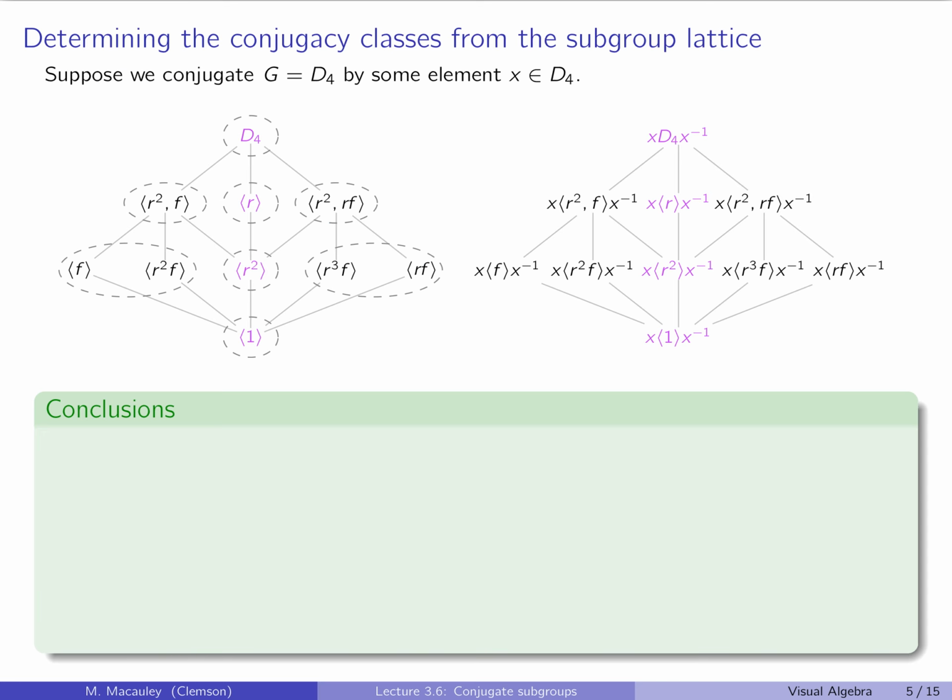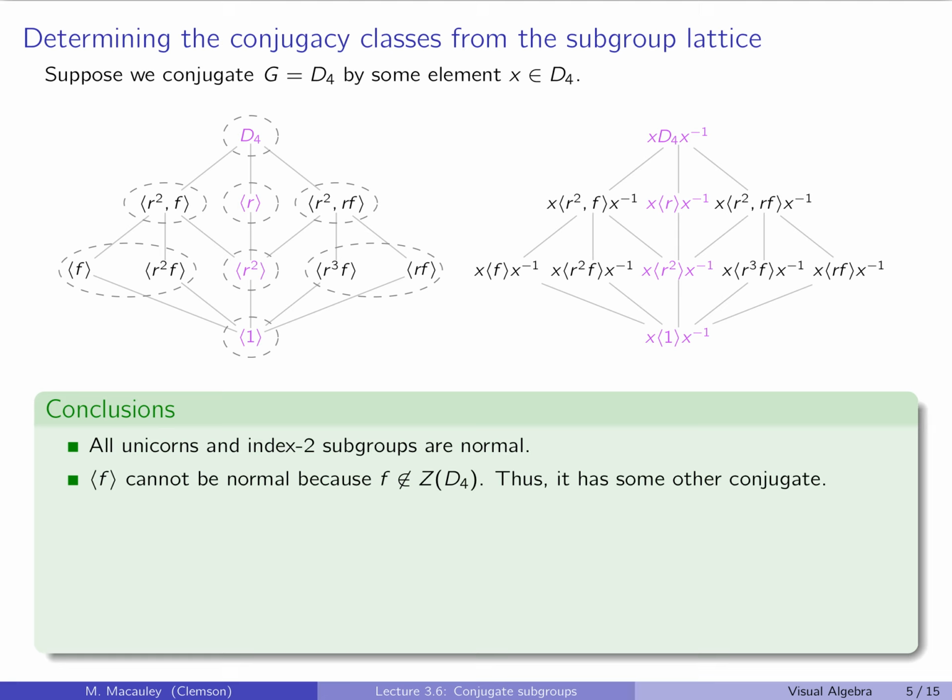Let's quickly recap what we've learned about this group from the theory we've developed just by inspection. First of all, unicorns, oh, by the way, I've colored the unicorns purple, as they should be, and index 2 subgroups are normal.